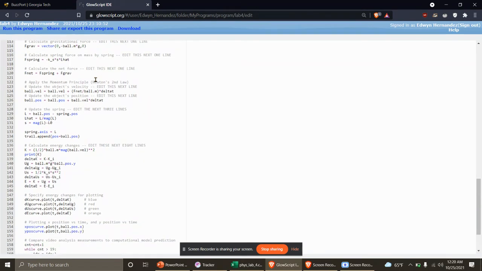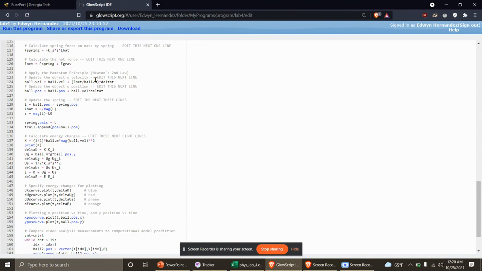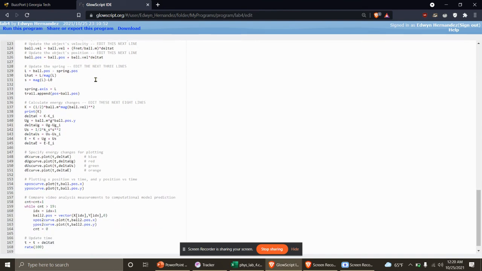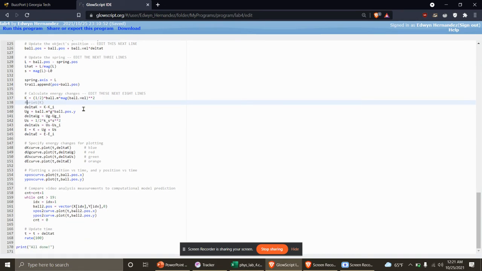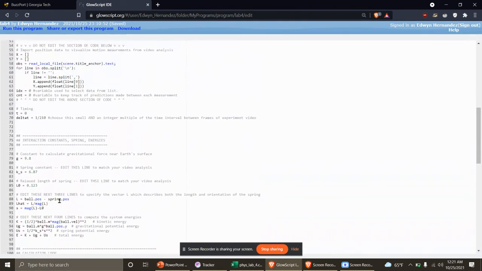And from those we update L hat and the spring difference. Then we update our energy changes, and we find our delta Ks and all that. This is pretty much extra, and from here we just have the rest of the code.